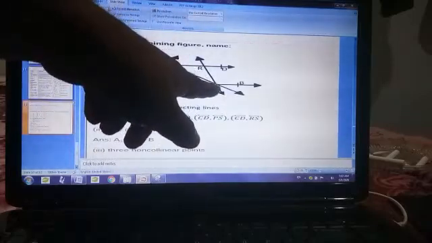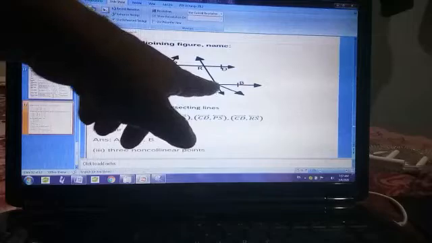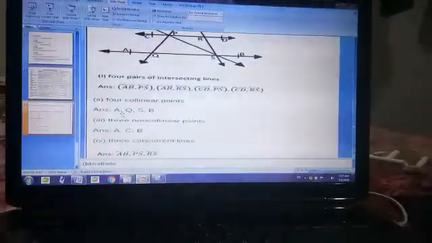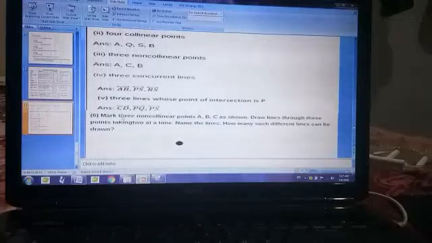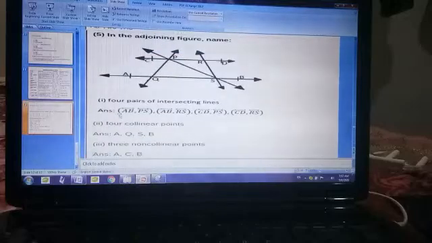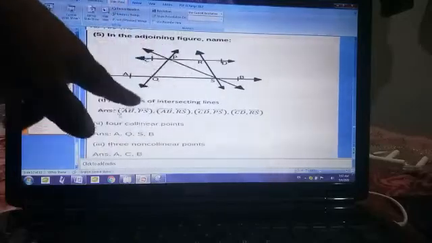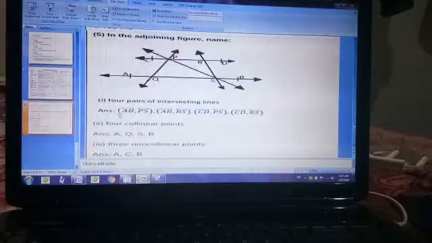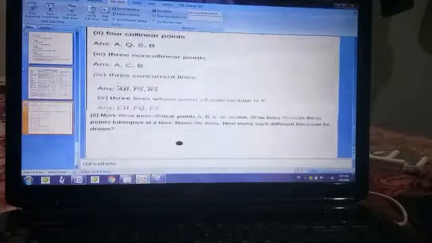This is the concurrent point. Three lines whose point of intersection is P. So at point P, line CD, line PQ and line PS are meeting.